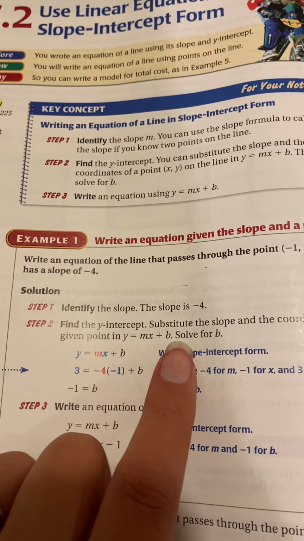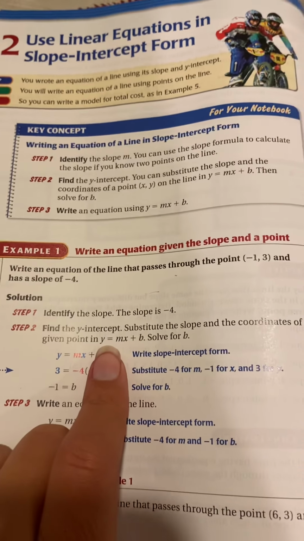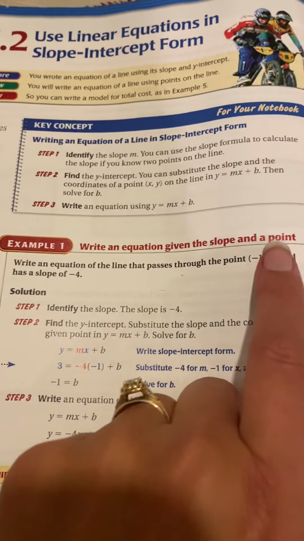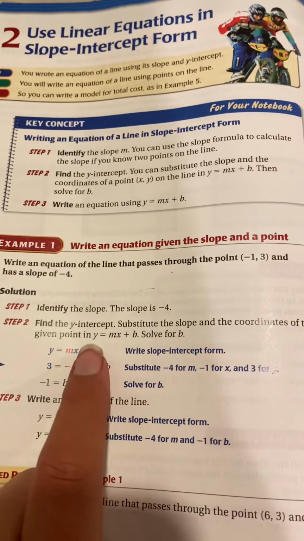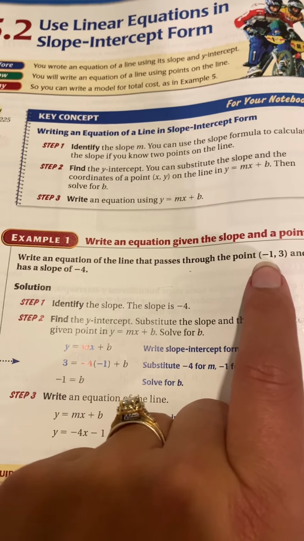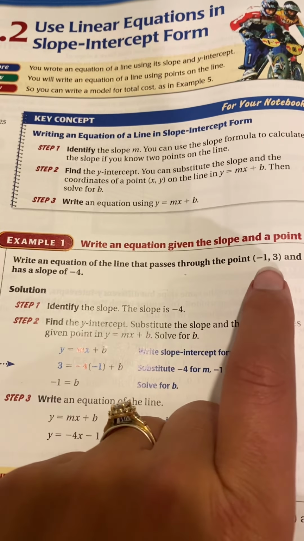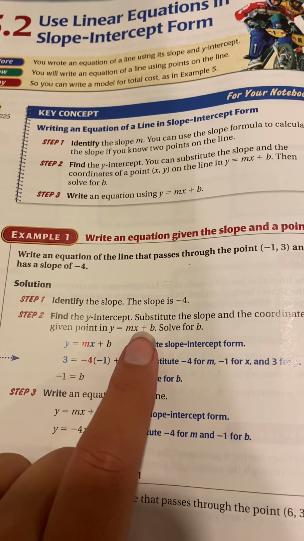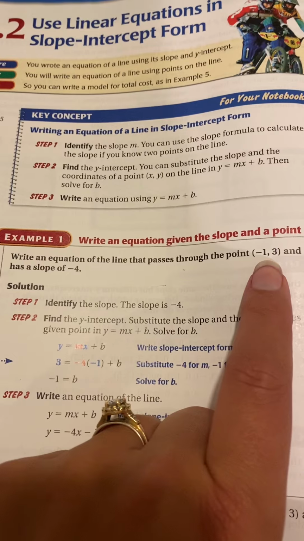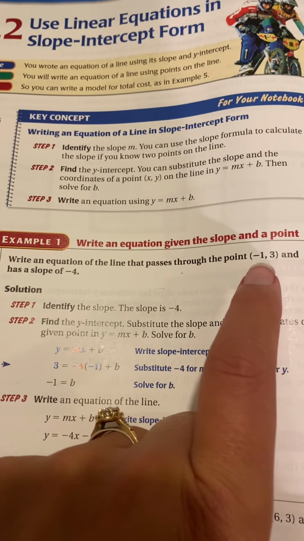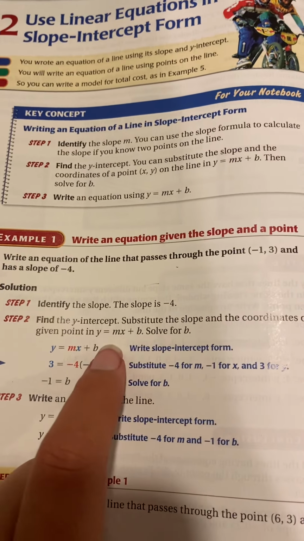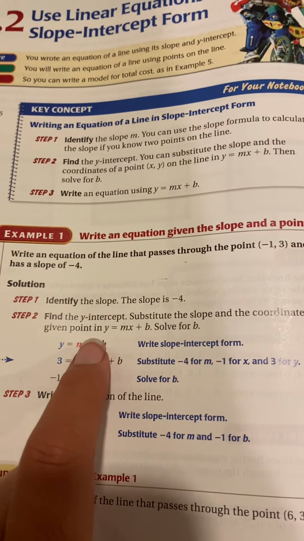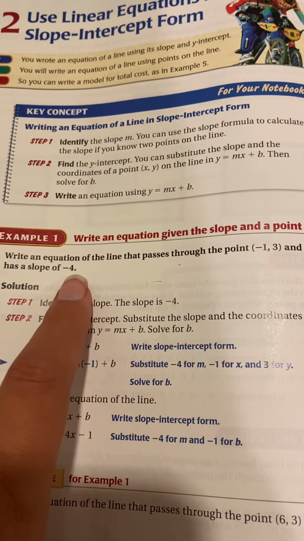Now we don't have the y-intercept. Well, I could plug in everything else that they've given me, because any point on that line I could plug into my equation and it would work. So -1 is x, 3 is y, and m is -4.